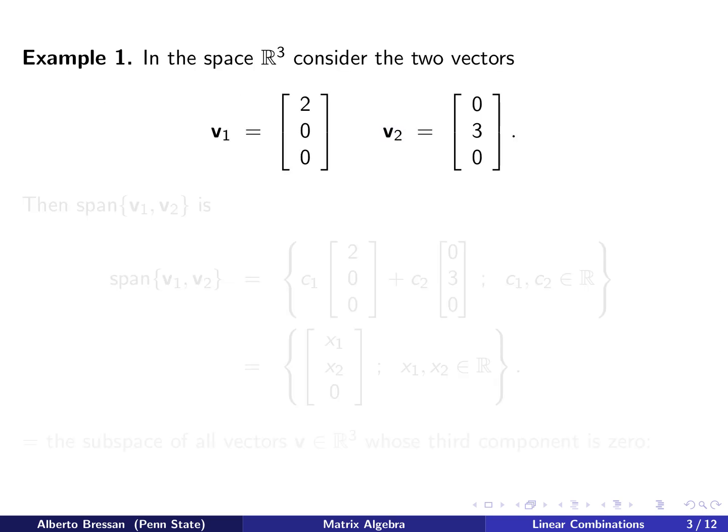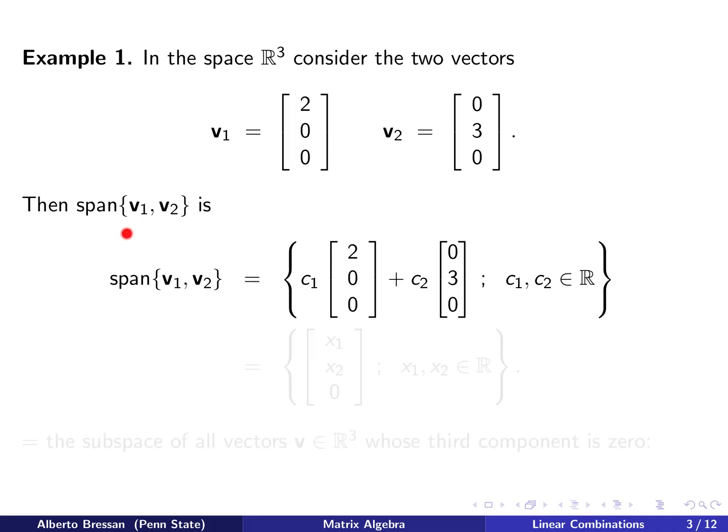Okay, let's take some examples. In the first example, let's look at the space R3 and we consider two vectors. V1 is a vector that's 2, 0, 0, and V2 is a vector 0, 3, 0. So what's the span of V1 and V2? Well, by definition, the span of it will be the set of vectors where V1 is multiplied by C1 and V2 by C2 for any C1, C2 in R. Okay, and then we see that this one multiplied by C1, you get 2 C1, 0, 0.